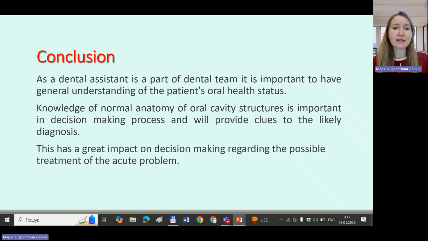Because the dental assistant is a second pair of eyes to the dentist, they can provide good visualization support of the oral cavity. And this has a great impact on decision making regarding the possible treatment of the acute problem.